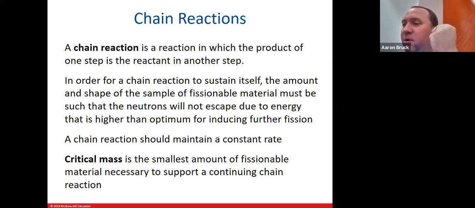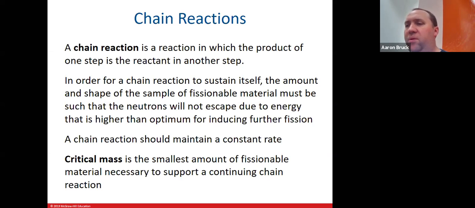And that minimum amount of fissile material is called a critical mass. And so if you hear about critical masses from a standpoint of nuclear reactions, that's what we're talking about.